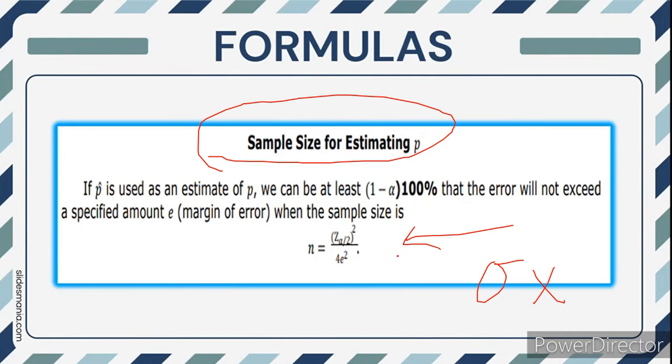Ibig sabihin po, pag wala pong binigay na standard deviation, ang kailangan yung gamitin na formula is the second, kasi wala siyang SD. Ang mayroon lang sa kanya is the constant 4 and the margin of error which is raised to 2. Yung error lang po ang naka-squared ha, hindi po kasama si 4. Hindi po siya 4e raised to 2. Ang formula po na binigay dito is 4e raised to 2. Ibig sabihin yung e lang po yung may square.